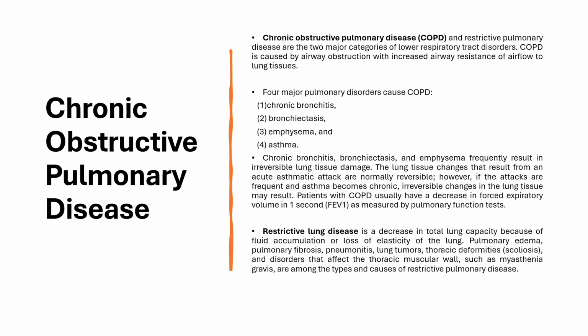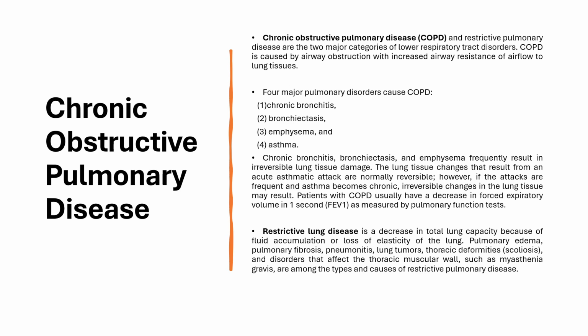Now we have chronic obstructive pulmonary disease, also known as COPD. COPD and restrictive pulmonary disease are two of the major categories of lower respiratory tract disorders. It has 4 types.